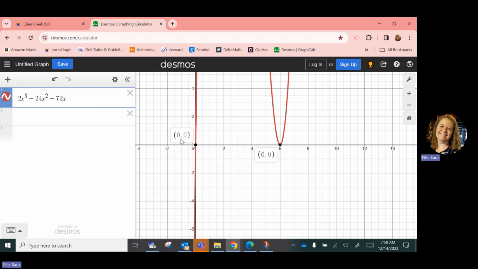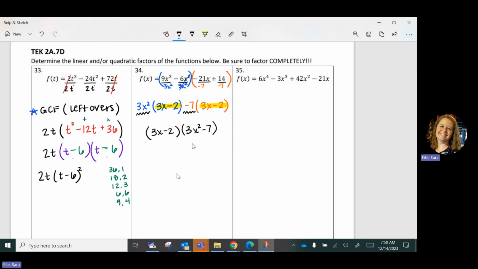So my zeros or my solutions are 0 and 6. I could look at all the factors listed as choices, if this was a multi-select or multiple choice, and find ones that, if I solved them, come out to 6 or 0.